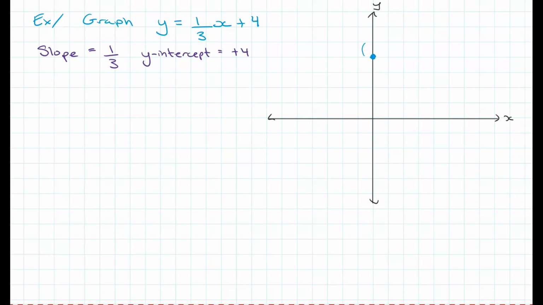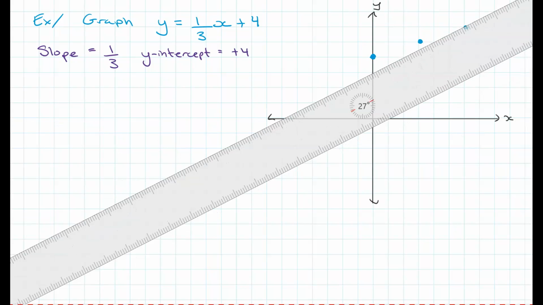I'm going to use that slope, rise of 1, run of 3, to get to my next dot. Rise of 1, run of 3, get my next dot. And erase all my little bouncy lines. Connect the dots with my ruler.